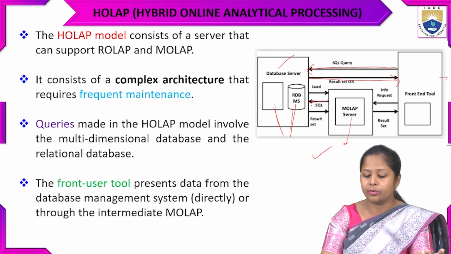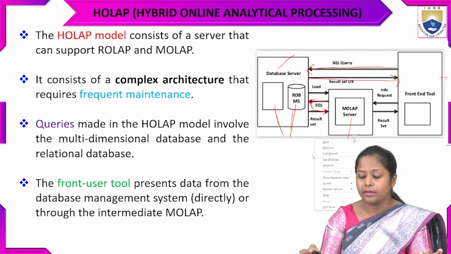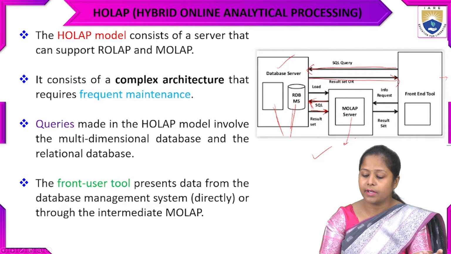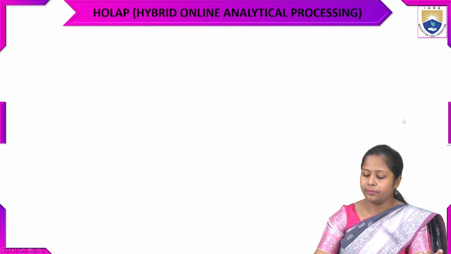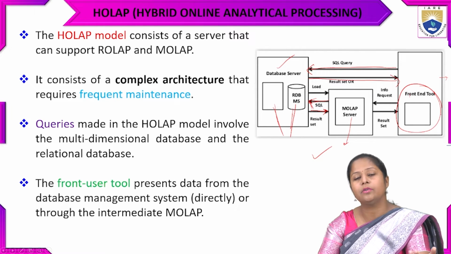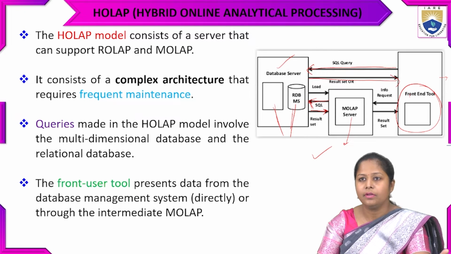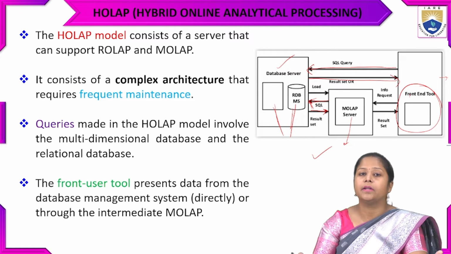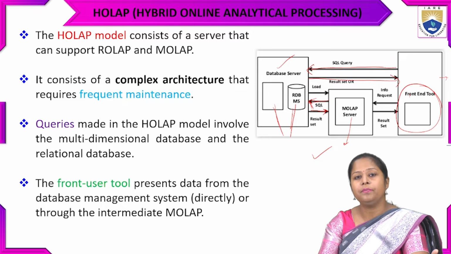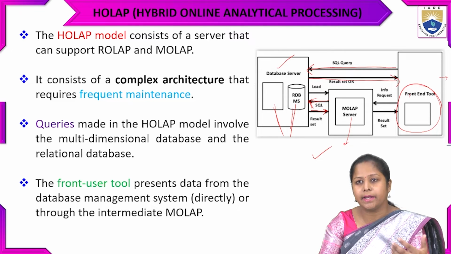So before that, what will happen? The SQL query will go to this server, and the result will go to the OLAP server in the middle of the architecture. Then it is going to show the result at the end of the front end tools, or we can say the desktop of the end users, right? Like this, the hybrid OLAP is going to process all the calculations and aggregations.